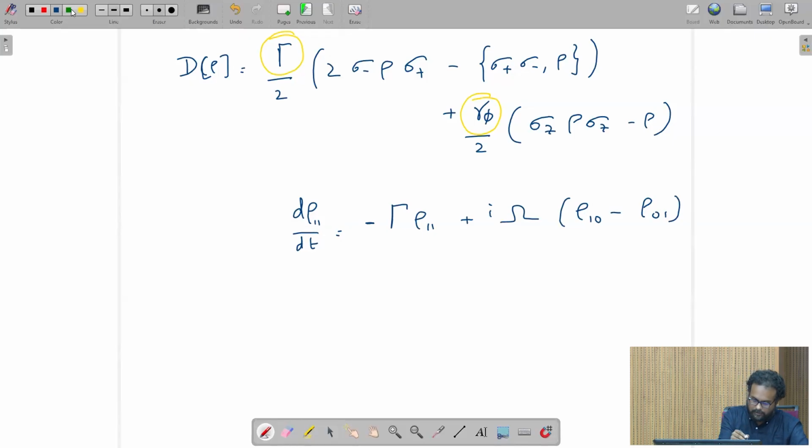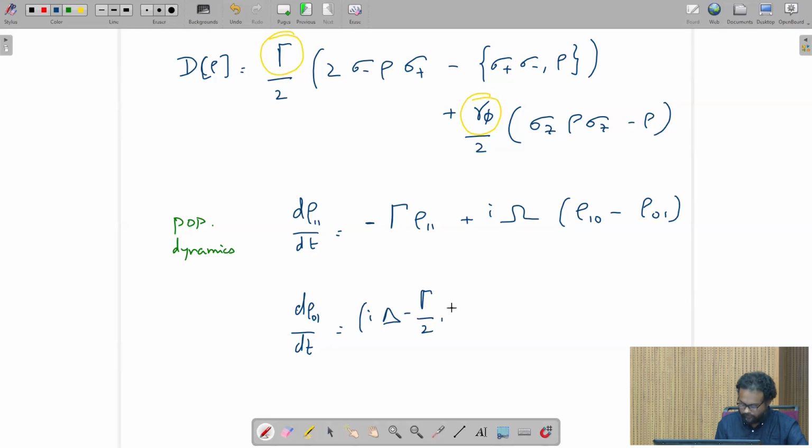This is the population equation. And if I take one of the off-diagonal terms, let's say I take rho_01, you see i delta, minus gamma, and so on. This is the coherence.